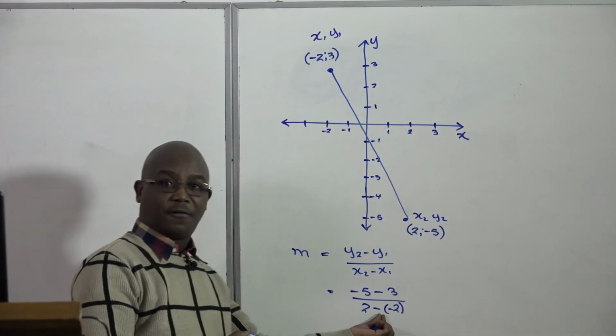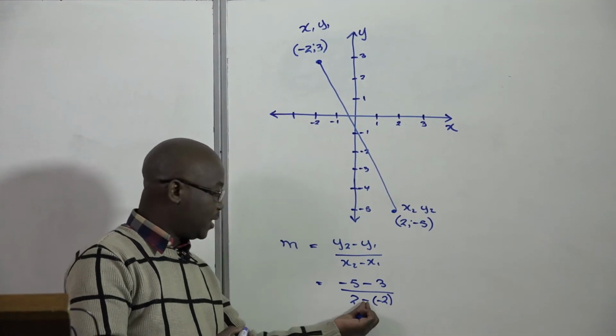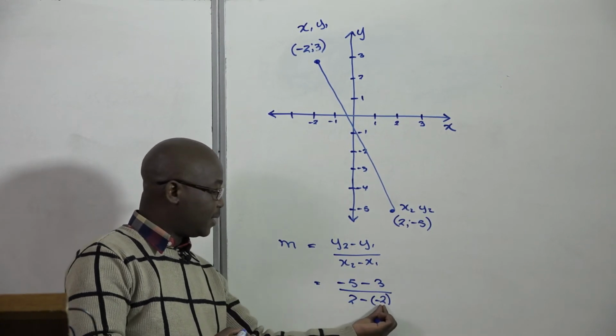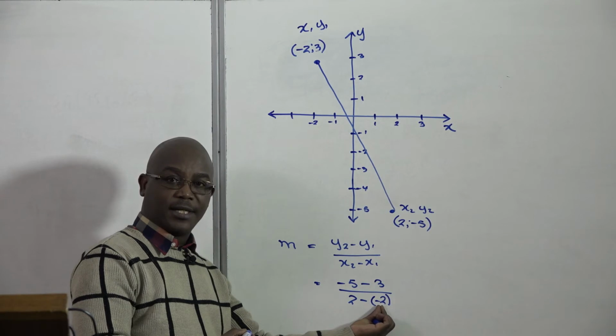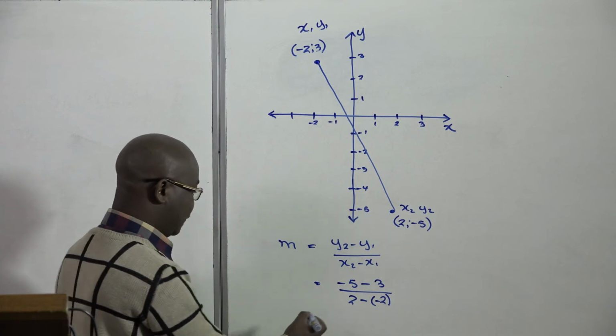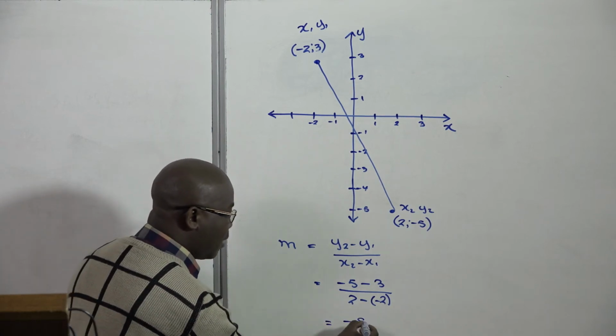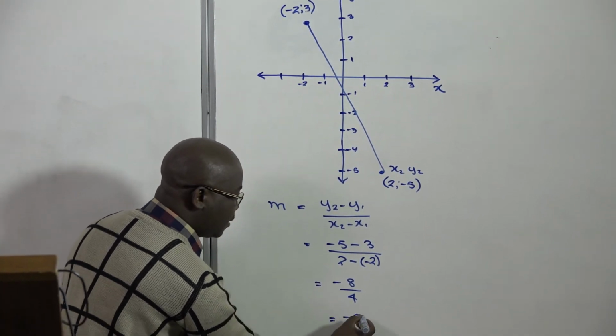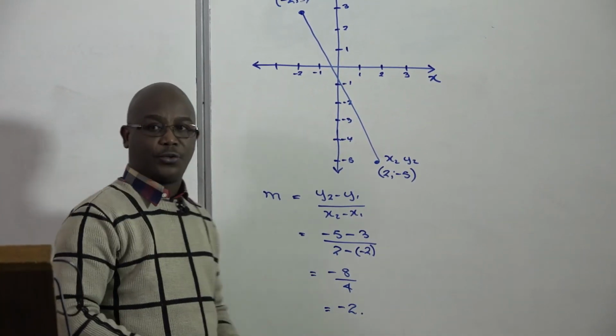We need to be very careful at this stage, because this minus sign comes with the formula, but this x coordinate comes with its negative. So we need to record both because those signs will change. This gives us -8 over 4, and our gradient is -2.